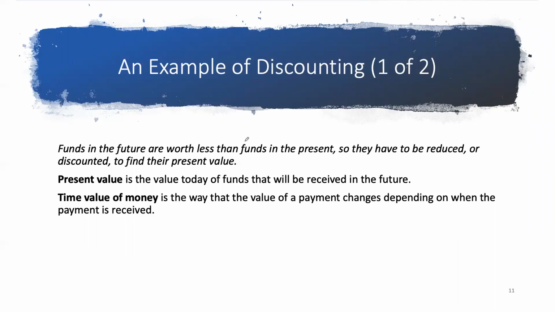So the companion idea to this notion of compounding is this idea of discounting, right? The intuitive explanation for why we call this discounting is that funds that become available in the future are invariably less valuable than what is available today.